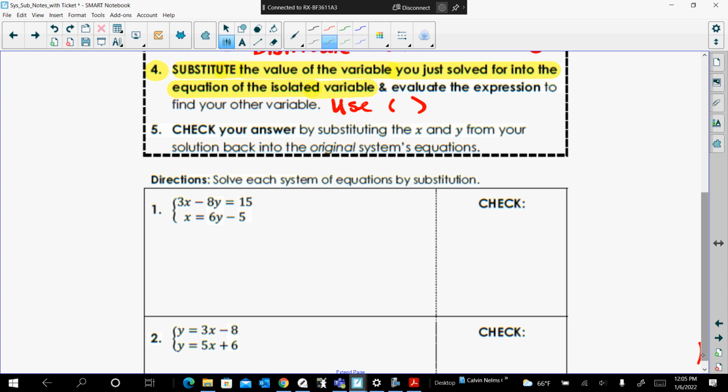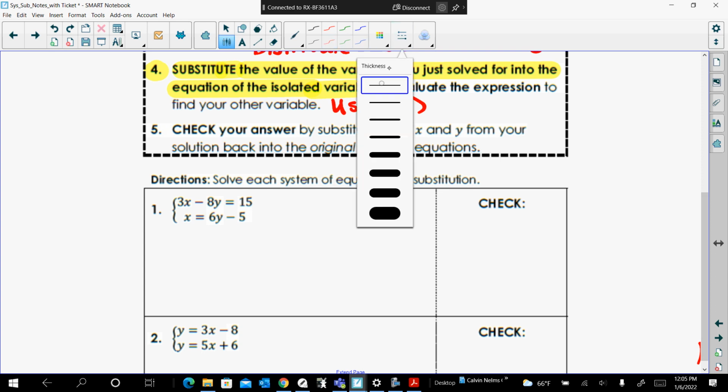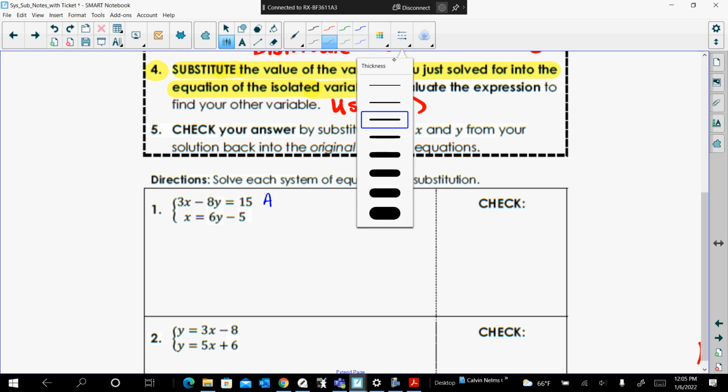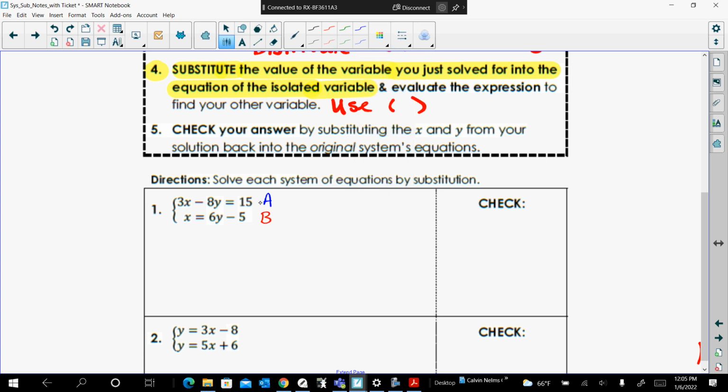We're going to label them equation A and equation B, so we know what we're talking about. Between the 2, is a variable isolated? Would it be equation A or B? B. Why B? You're right.